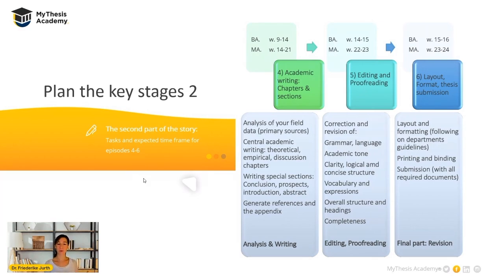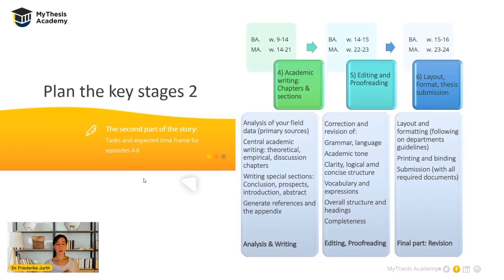Here you have to calculate the time that you need for the analysis of your field data and your sources. And then you should think about the time that you can spend on the central academic writing. So the theoretical, the empirical, and the discussion chapters.